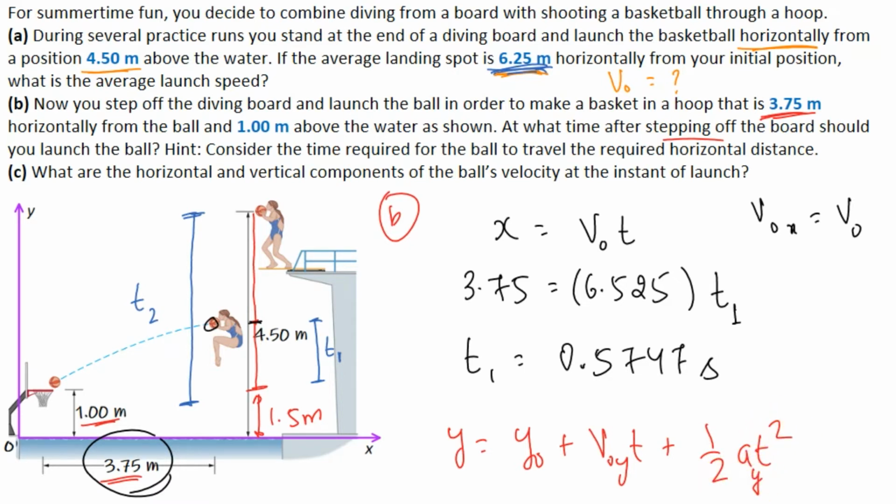Now initial position, this was 4.50 meter above the ground, so y naught we have 4.50 meter, and this is the final position, which is 1 meter above the ground, so this is 1. V naught y, there was no initial velocity in the vertical direction, so this is 0, and ay we have minus g. So put all the values here, and this time becomes t2 here.